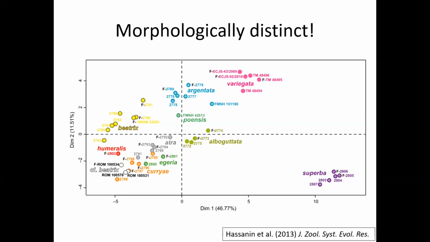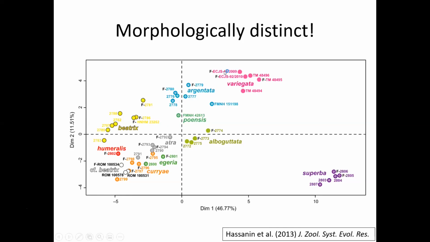I want you to know that each different color represents a different species of Glauconycterus. So for example, up here, I don't know if you can see my cursor, but the dots up here, that's Glauconycterus variegata, which is lying close to the blue Glauconycterus argentata, showing that these two species are similar morphologically.